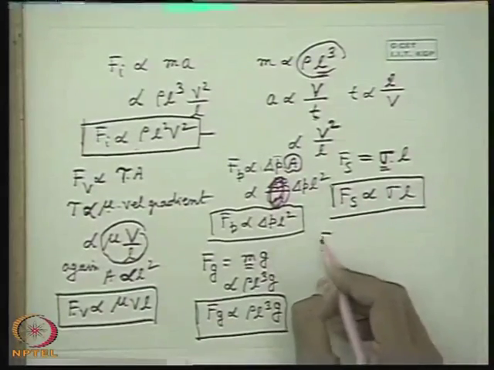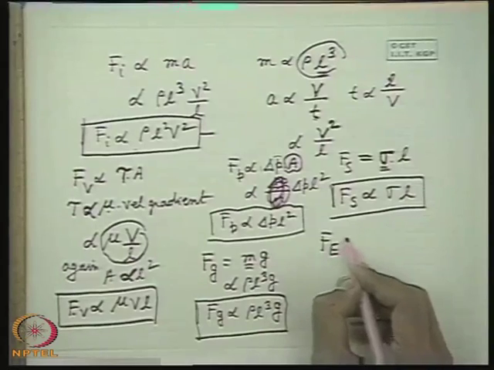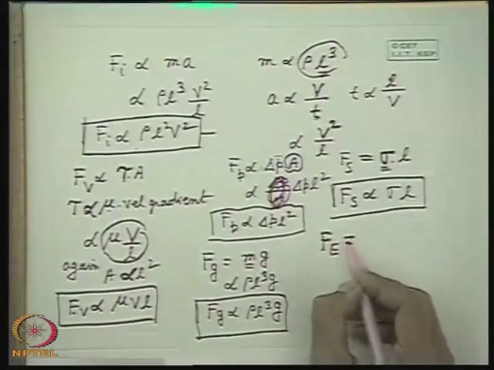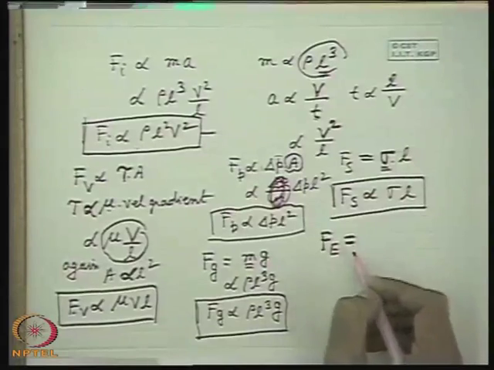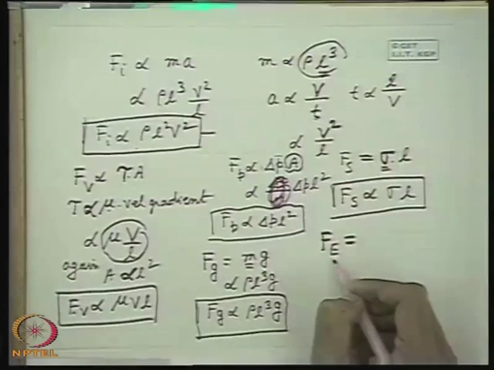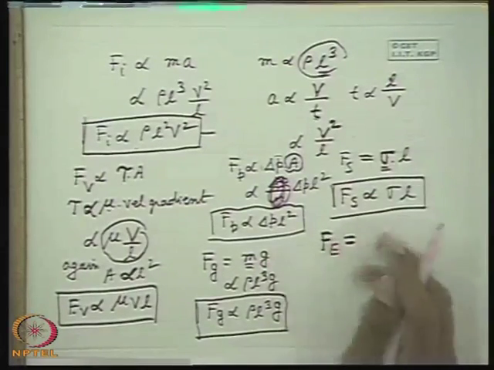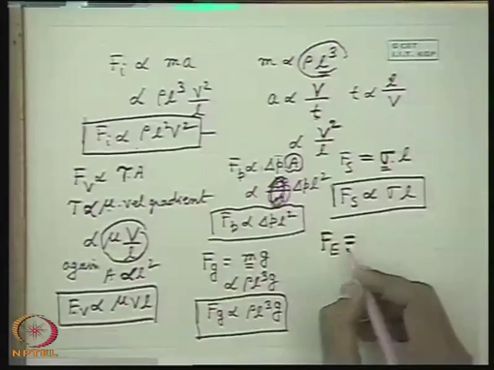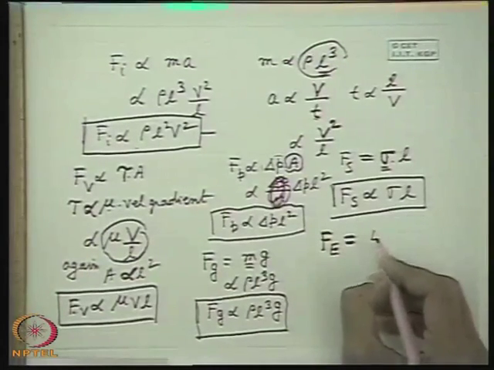Now what is elastic force? Elastic force comes into consideration when there is compressibility in the fluid. When there is a substantial change in volume due to application of pressure, then the force which generates due to elasticity is known as elastic force.